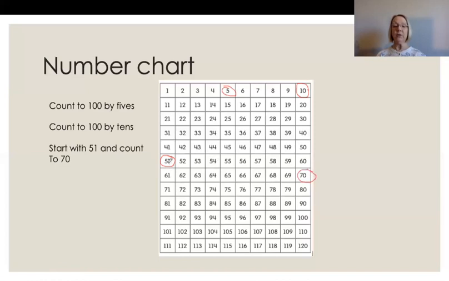So it would be 51, 52, 53, 54, 55, 56, 57, 58, 59, 60, 61, 62, 63, 64, 65, 66, 67, 68, 69, and 70. So you will see a number chart on your packet that you can use to count.